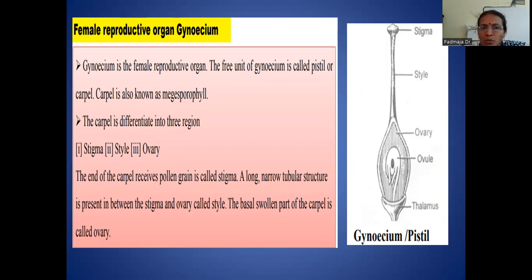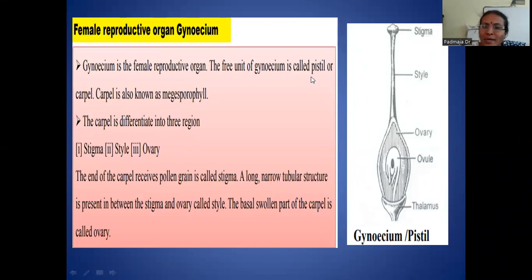It also consists of a tip known as the stigma. And between the stigma and the ovary, the style is there. And the basal swollen part is known as the ovary. Inside the ovary, the ovule is present. And now, the free unit of gynoecium is called the pistil.